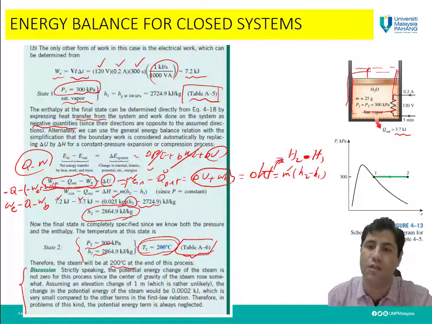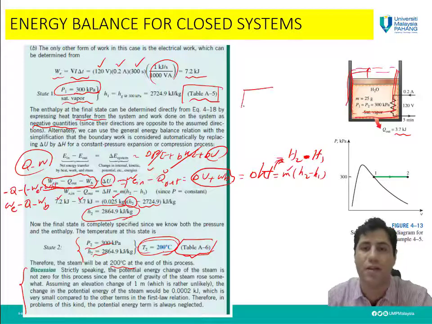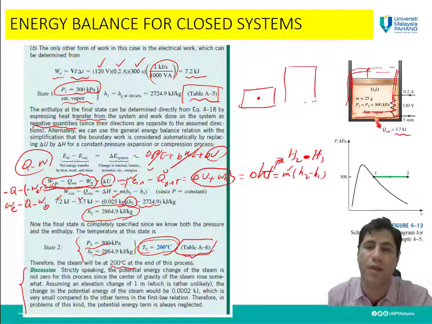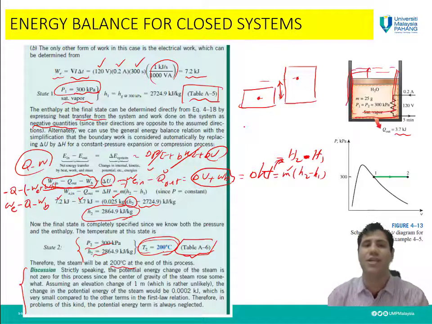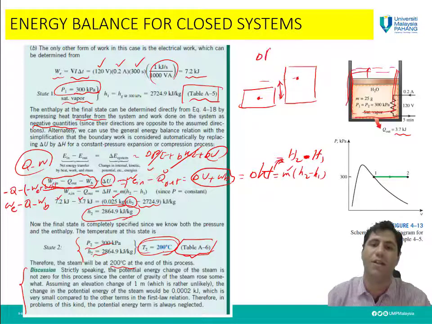And we have a new system, new boundary. In other words, this system has a change in the center of mass. The initial system center of mass is here. When we have expansion, imagine this is the system, its center of mass will be here. So we have a change in the center of mass of the system. In other words, we have a change in the potential energy of the system.